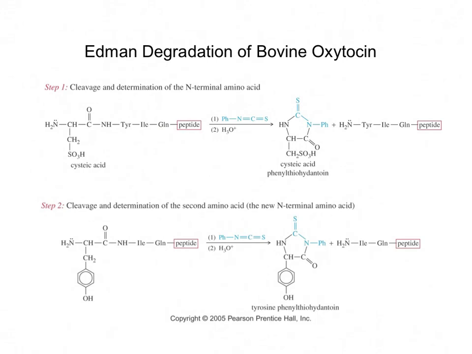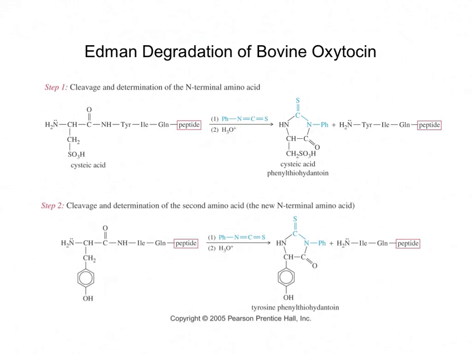It's a lot of structures. You don't have to memorize this. It's just going to show you how it works. So I have a peptide. They actually showed for the reaction the N-terminal amino acid. So that's our orientation.